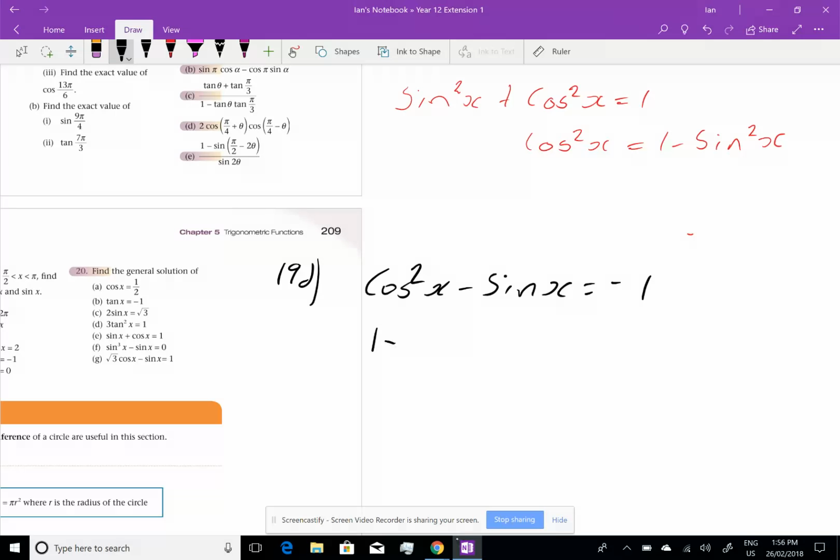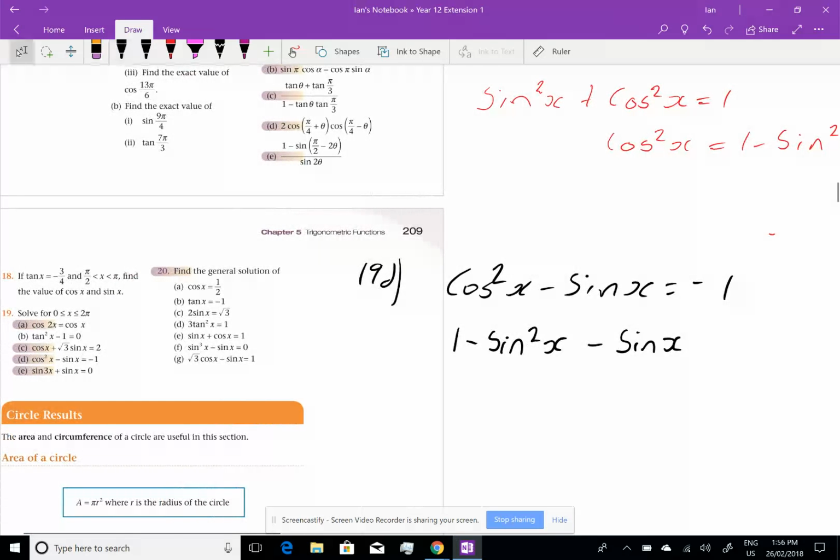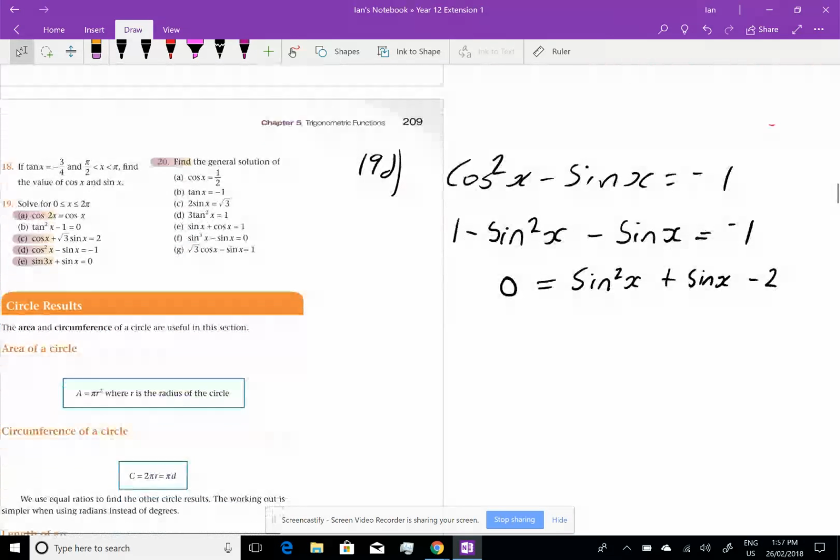So I get 1 minus sine squared x minus sine x, and that equals -1. So I take everything over the other side, and that means I subtract that -1. So I get sine squared x plus sine x minus 2, because I minus that 1.